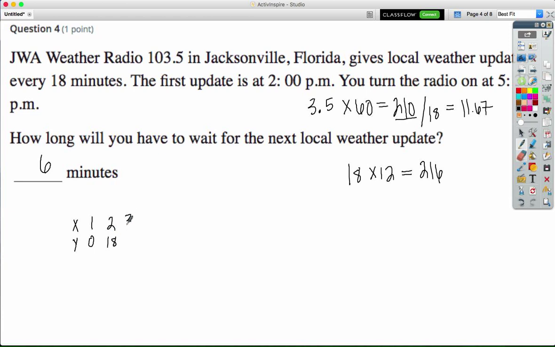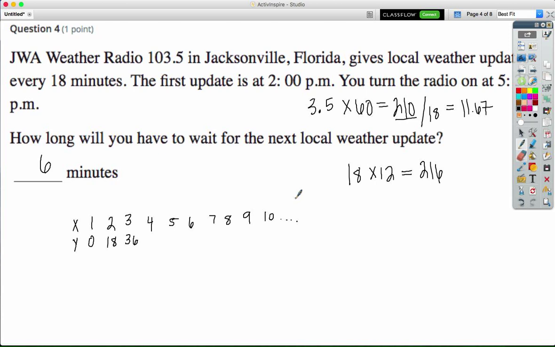The next update happened at 36 minutes later, 2:36, and then you could just continue the pattern from there until you figure out how many numbers you have to keep going in the sequence to actually get to the very next time it is going to update.